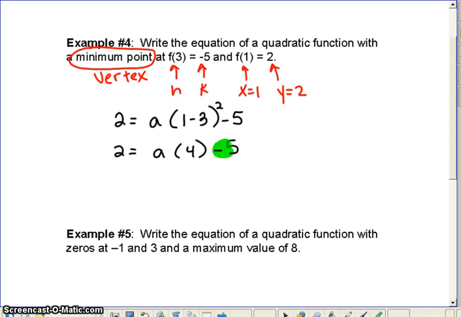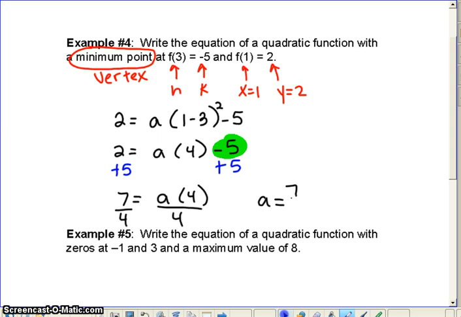Okay, we're going to start off by adding 5 to both sides. So 7 is equal to a number times 4. Divide by 4. Okay, the number is 7/4. A is equal to 7/4.